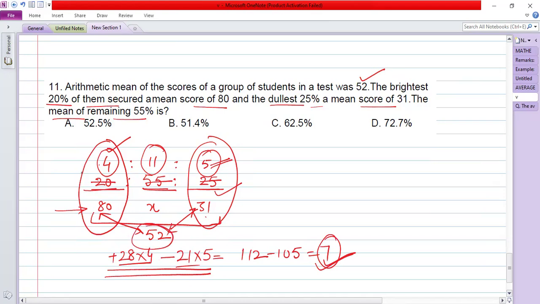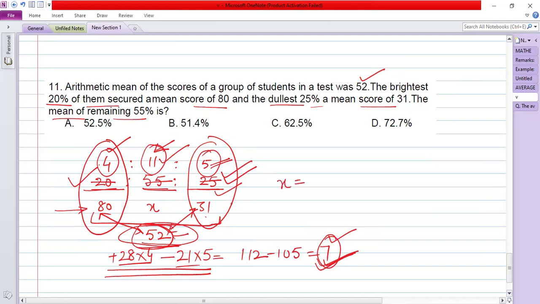I repeat, they have a surplus of 7 as compared to 52. So these 11 students must have 7 less as compared to 52.